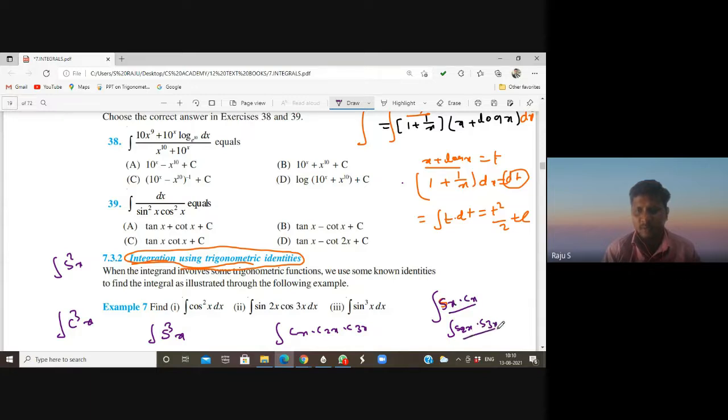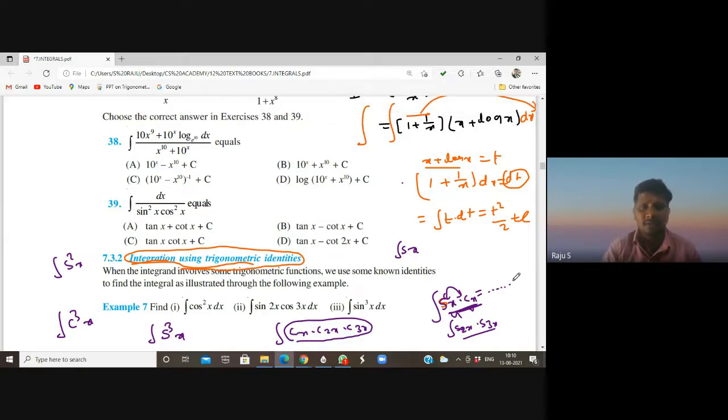There is no standard integration formula for sine 2x into sine 3x and the product of the three different functions. We know just what is the integral of sine x, sine 2x, sine 3x, sine 4x, like that. We don't have any formula for the product of any two different functions. Either you can apply maybe UV rule. Here we cannot apply UV rule also, because if you apply the UV rule, it will extend till infinity.